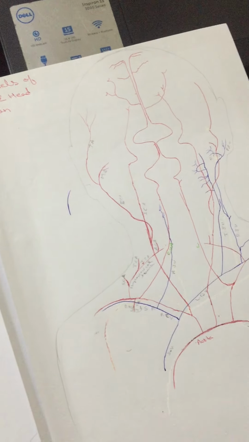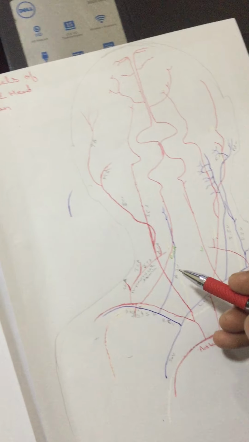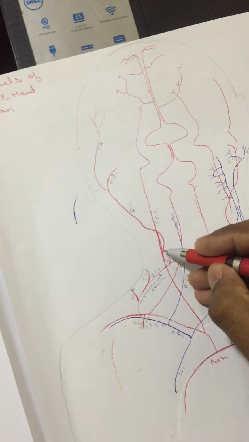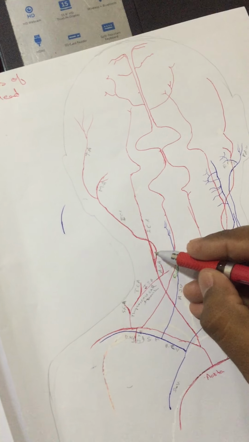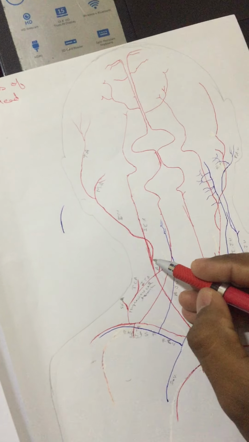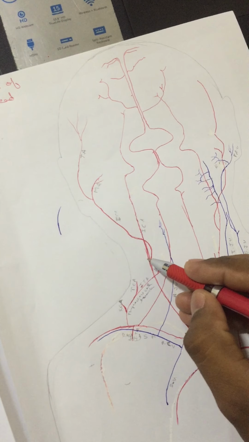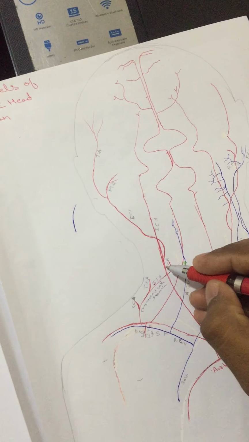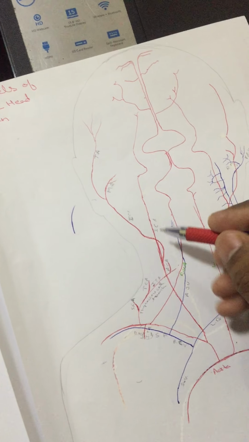And ma'am, I want to talk about the carotid triangle. The carotid triangle is present here. It is very important because in the carotid triangle, the right or left common carotid artery bifurcates into two.